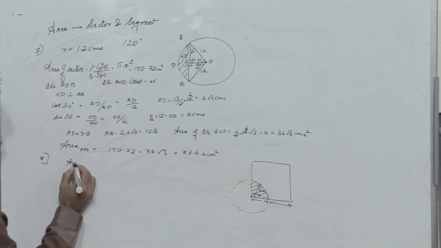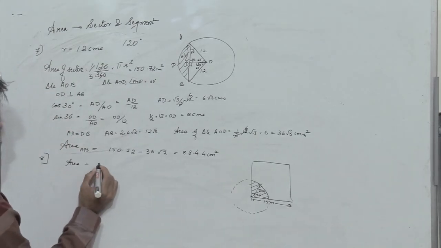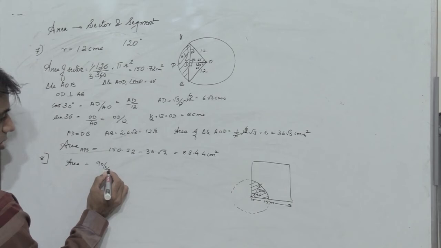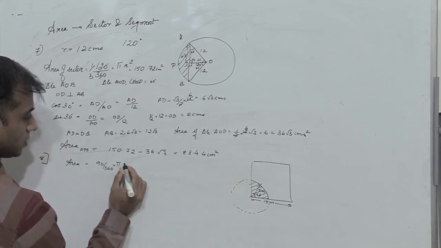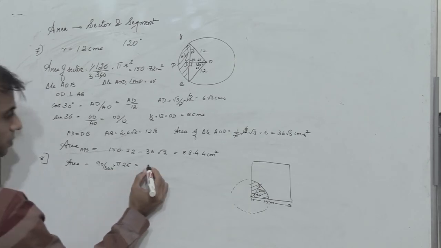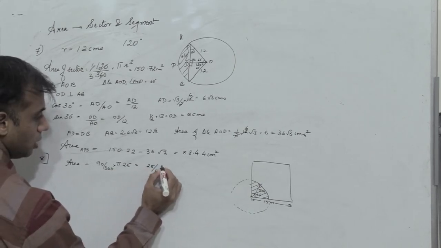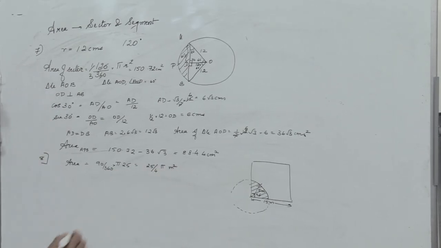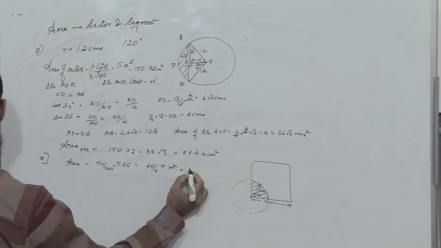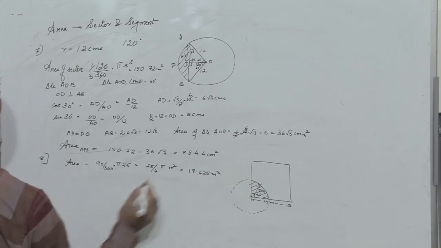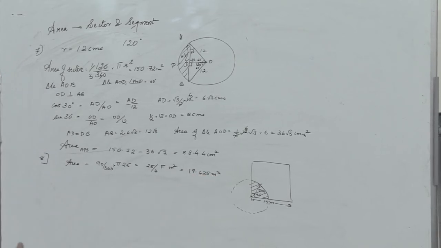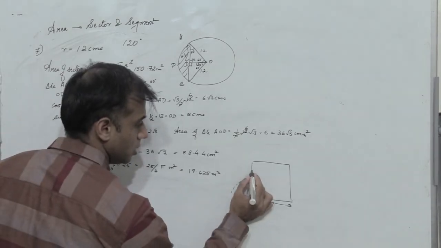So area where the horse can graze is 90 by 360 into pi r square. R is 5 meters. So 5 square is 25. So we get 25 by 4 pi meter square. So this is the area which the horse can graze. So this is equal to 19.625 meters square.